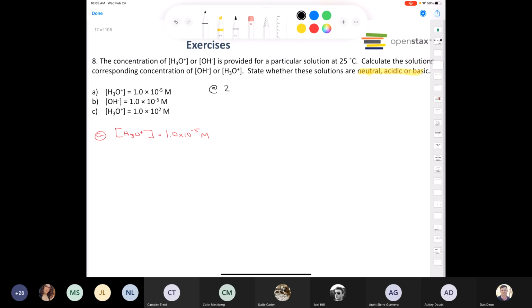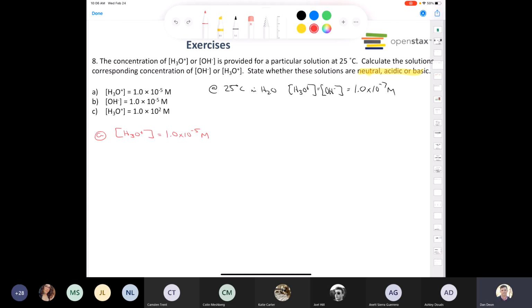At 25 degrees Celsius in water, the concentration of hydronium and the concentration of hydroxide are both equal to 1.0 times 10 to the negative 7 molar. So if my concentration of hydronium is greater than 1.0 times 10 to the minus 7, what do you think this solution is? Is this acidic or basic?